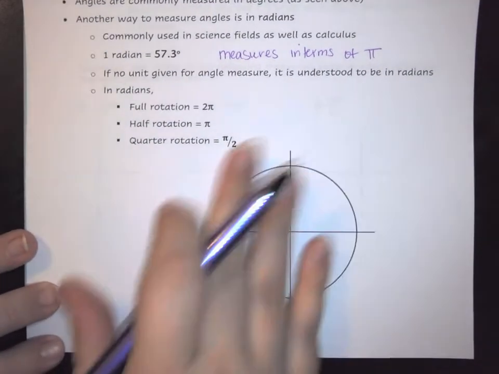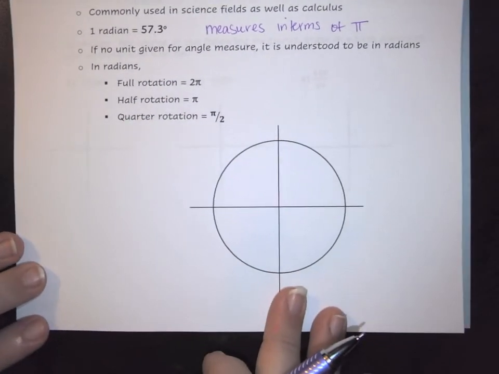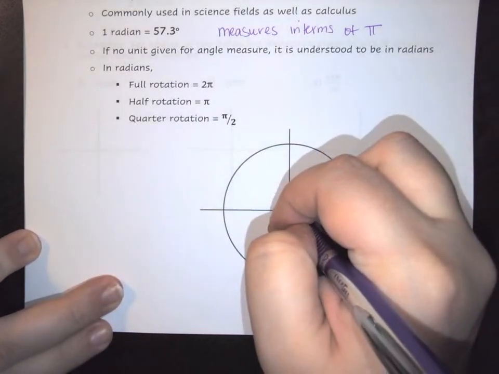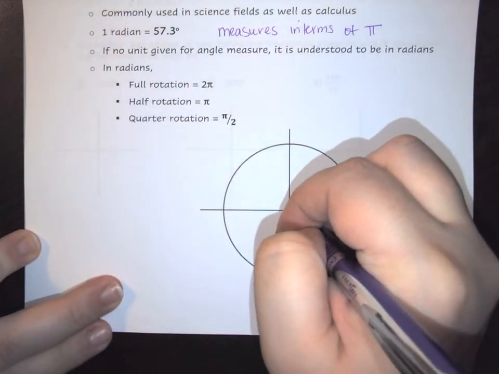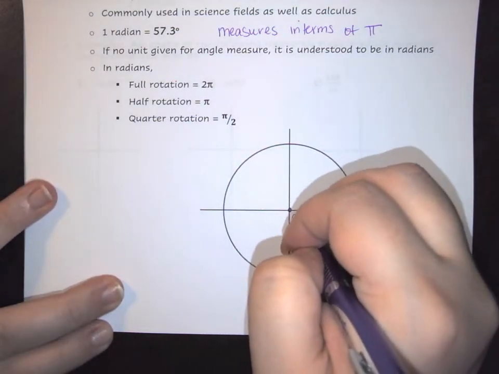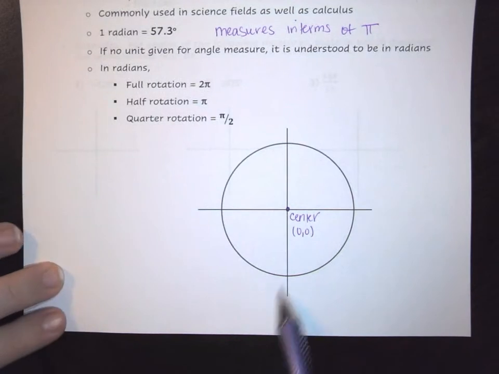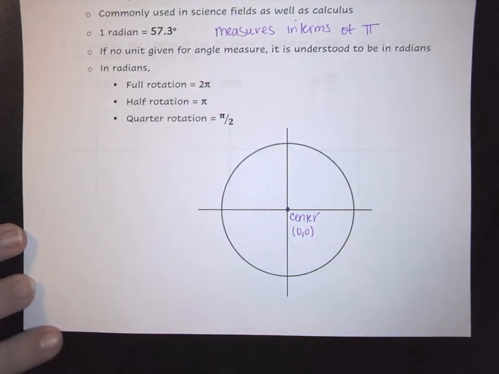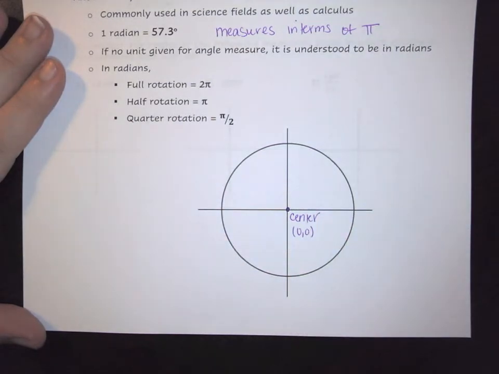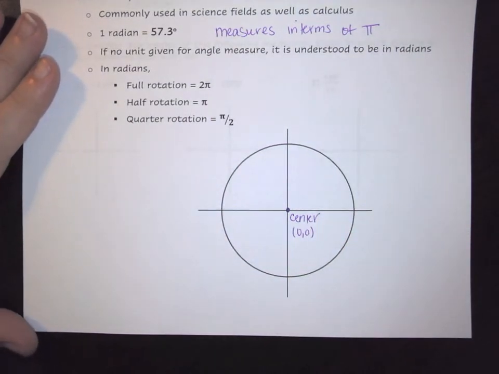However, we can label our circle in the same manner with radians as we did with degrees. Again, just like before, we would have your center, and our center is always going to be, at least in this case, the point 0, 0. But now, if we're going to label this in terms of radians, we have two ways that we can do that.